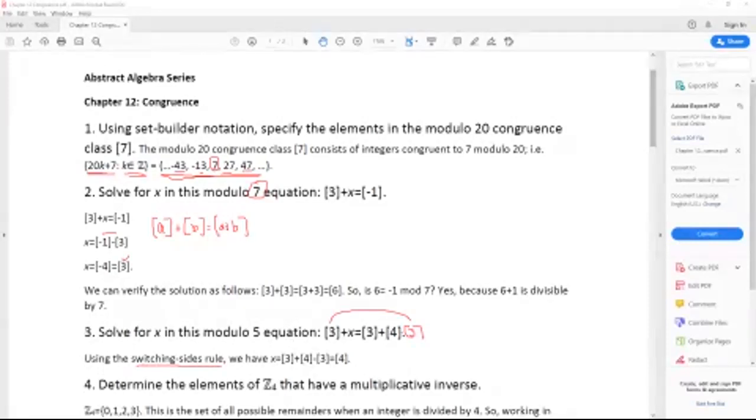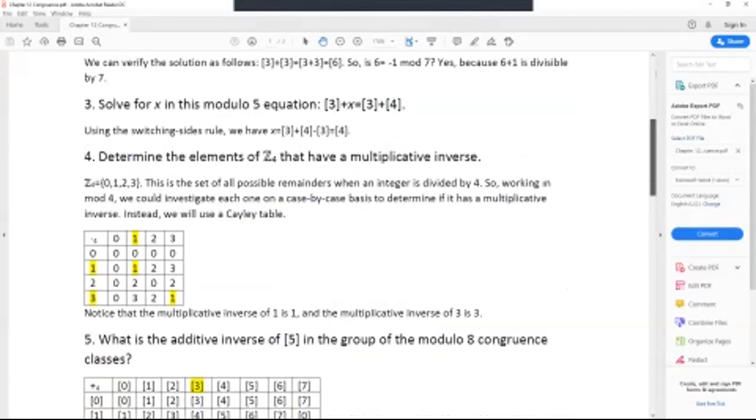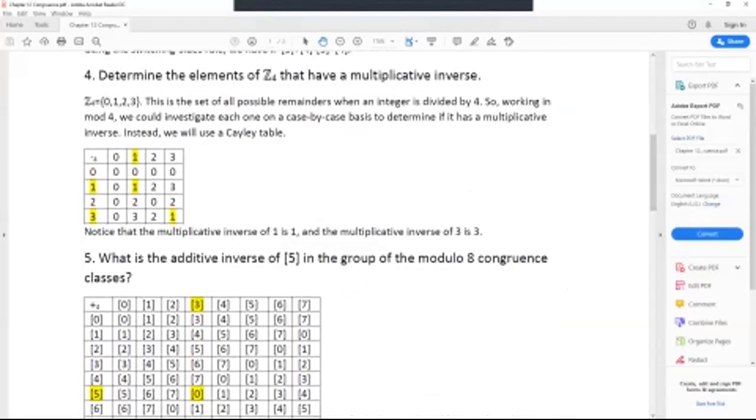Number 4. Determine the elements of Z4 that have a multiplicative inverse. Z4 can be thought of as the set of integers that you could possibly get as remainder values if you divide any integer by 4.